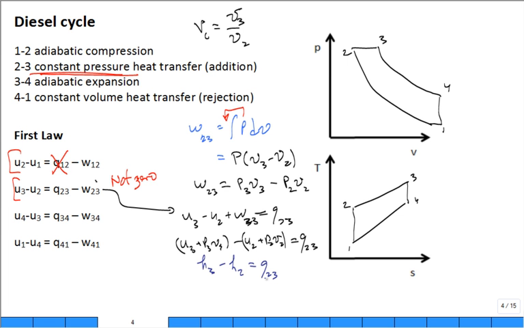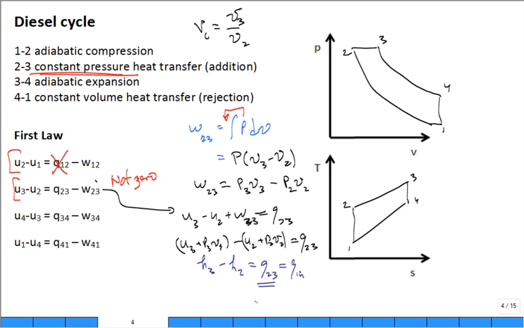Q in, isn't this Q in? It's equal to a change in enthalpy. And then for the Otto cycle, it's a change in internal energy. I don't understand. Well, this is the best explanation I can give, right? So we have a constant pressure heat addition while you're adding heat, it's expanding. You have to add actually more heat for the same temperature change because it's doing work, it's boundary work as it's expanding.